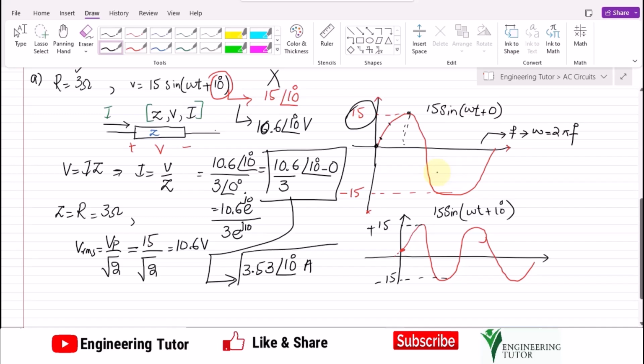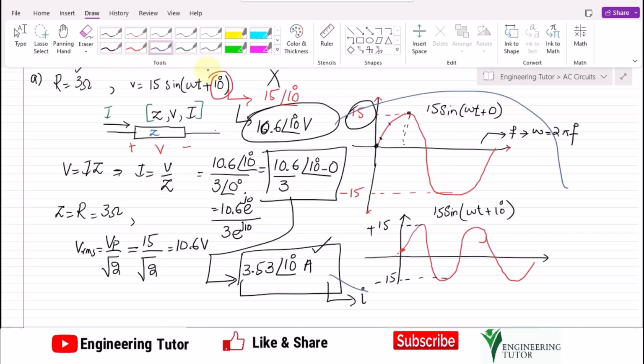So that is the value of the voltage, this is the value of the current, and according to the calculated values, these are basically the two values, and with these two values the phase angle is equal, and that is 10 degrees.